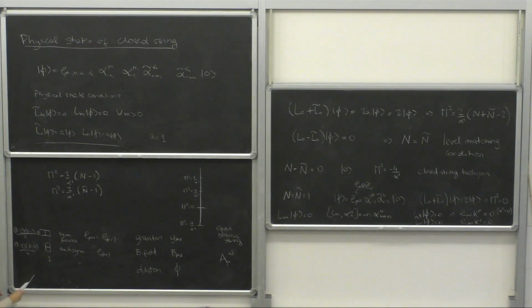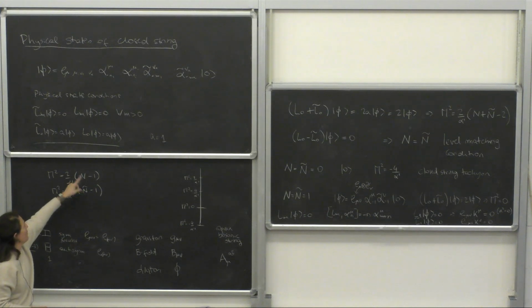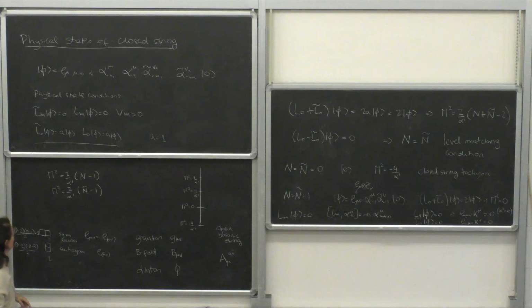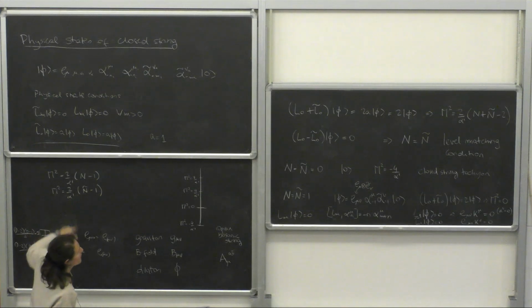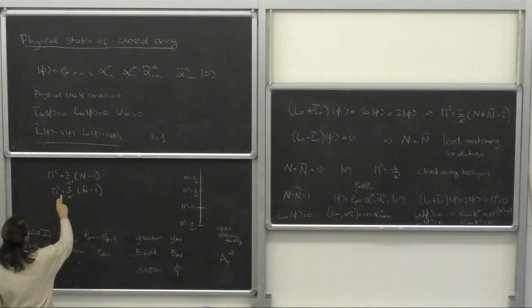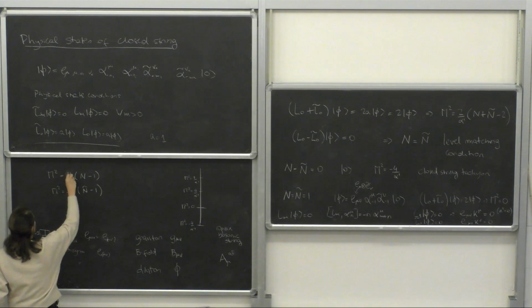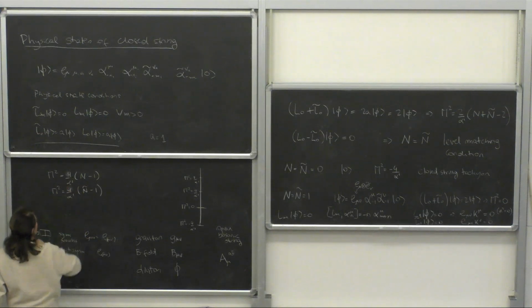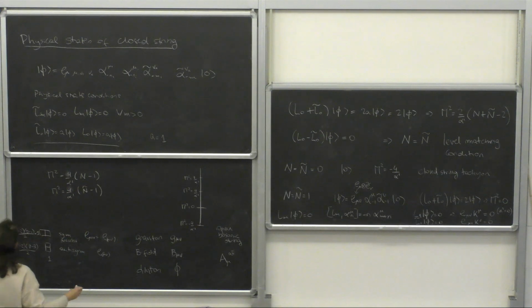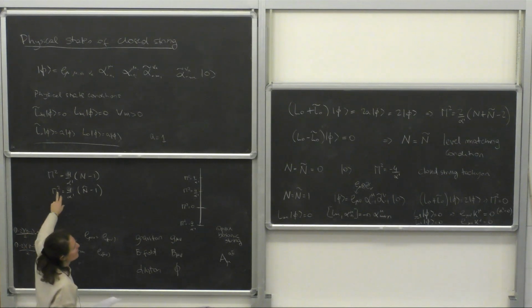And then since m squared is the same, these things have to be the same, so n equals ñ, and I can write this as 1/2 of n and ñ. Yeah, there should be a 4, right? Because this is p squared, again this factor of 4, p squared over 4. Okay, now is this correct? Yeah, this is correct.